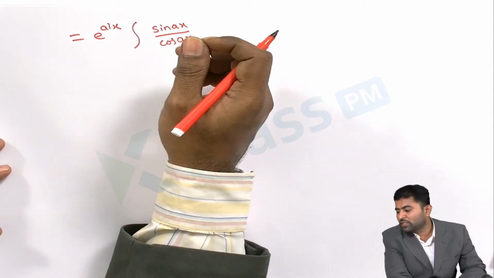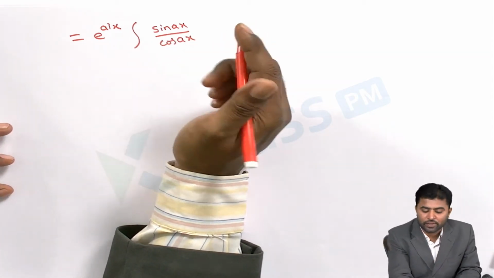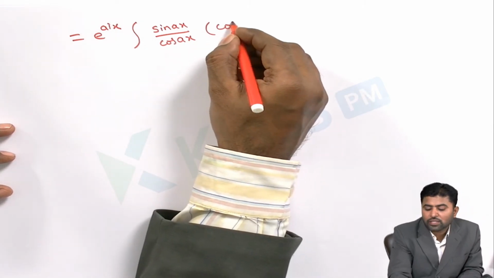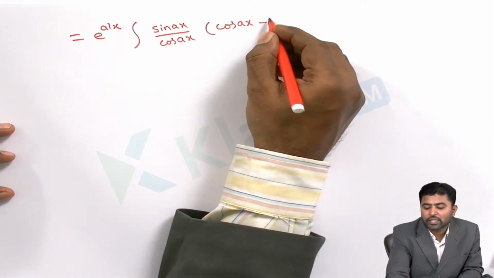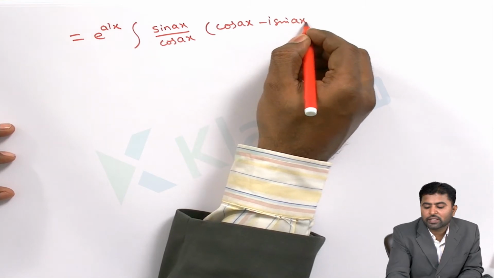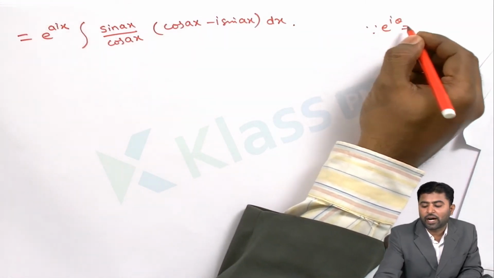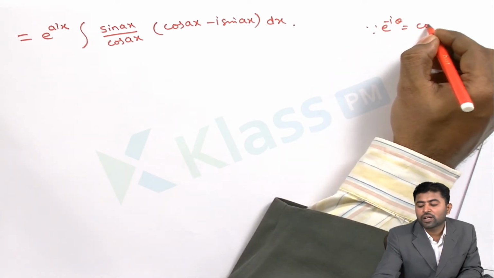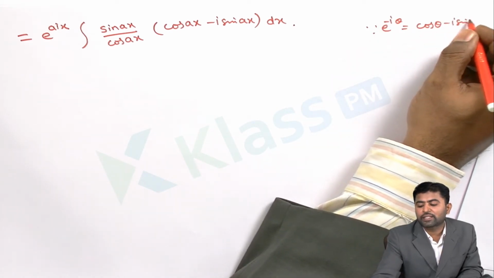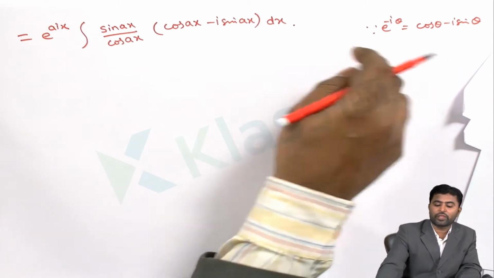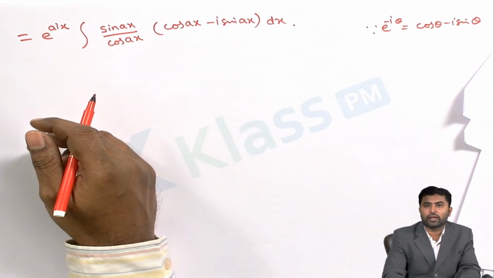So I'll get the terms in terms of cos and sin. So I'll write that as cos ax minus i sin ax into dx, since e power minus i theta is cos theta minus i sin theta. So with this we are able to separate like this.